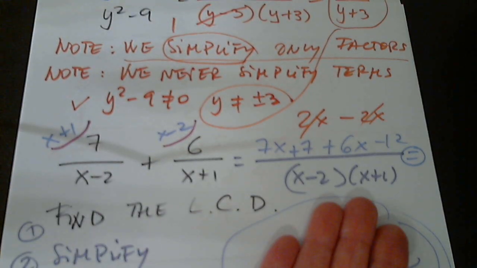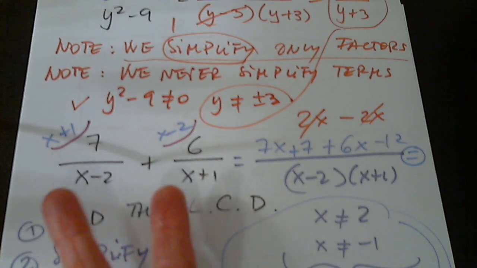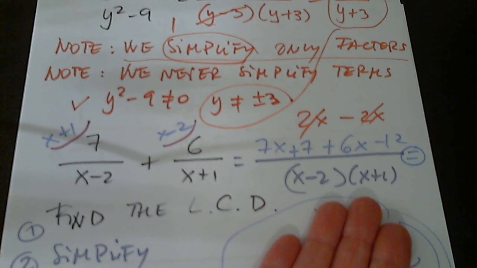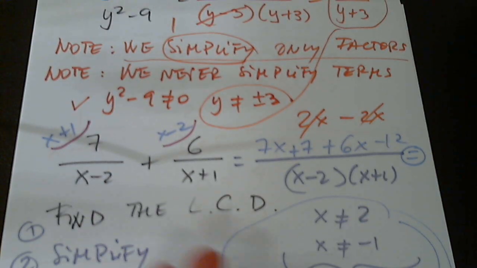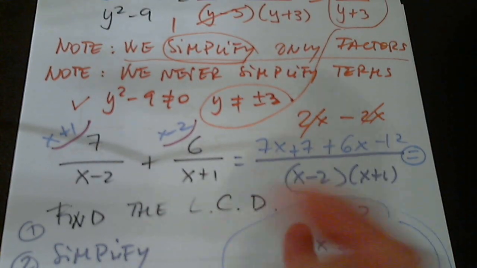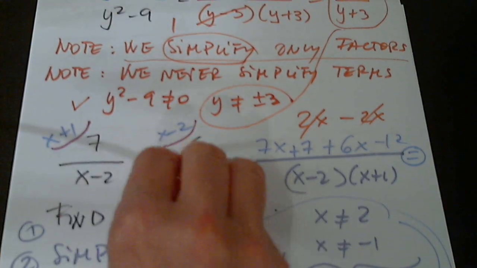We have it here, right? When we added these two fractions, we found the least common denominator. There is no ambiguity here, no guessing. From these two, I have this least common denominator. Why? They have nothing in common. I cannot remove anything from here.